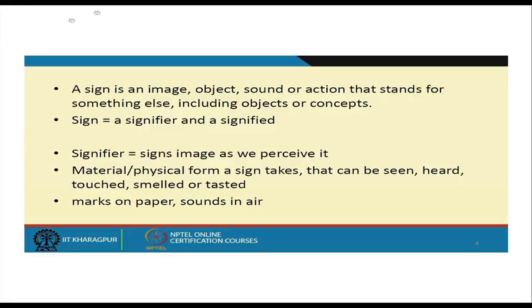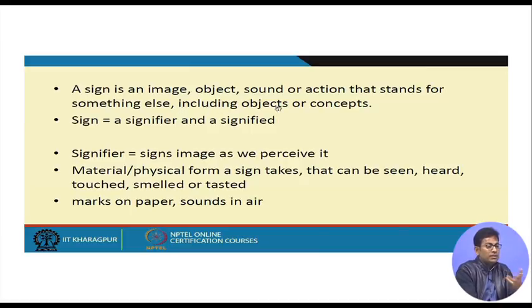A sign is an object, in this case the pen, that stands for something else, which in this case was the bottle. So we have represented the bottle by the pen, and the pen becomes the sign of the bottle.